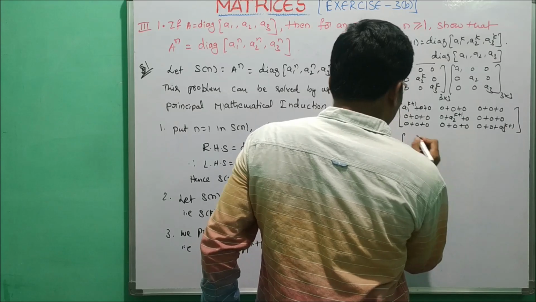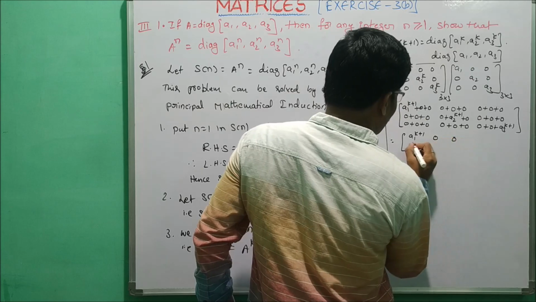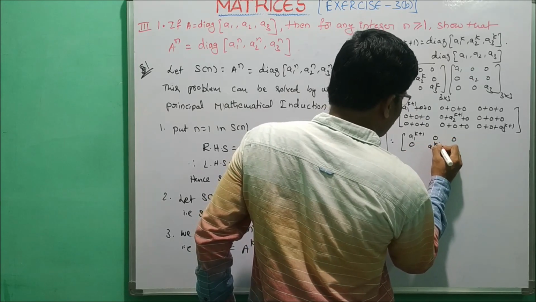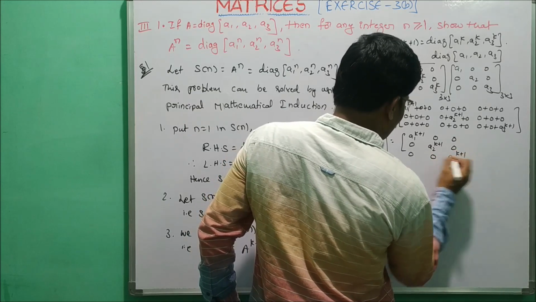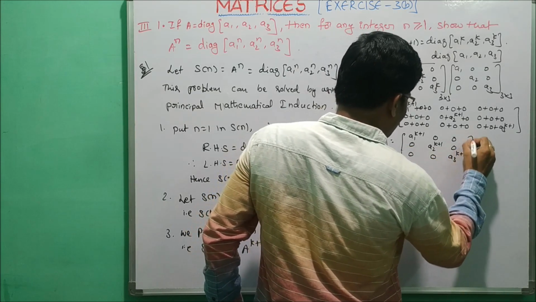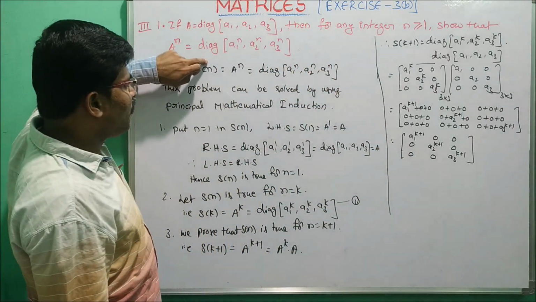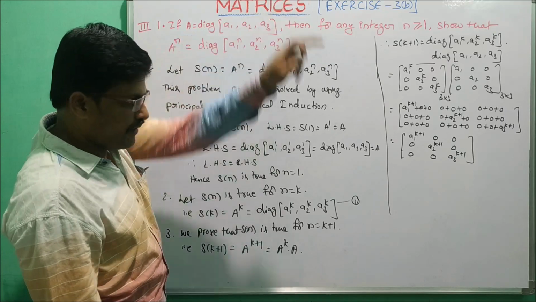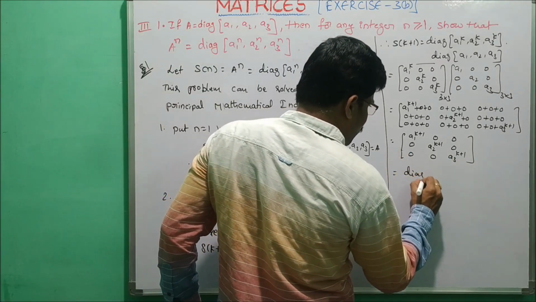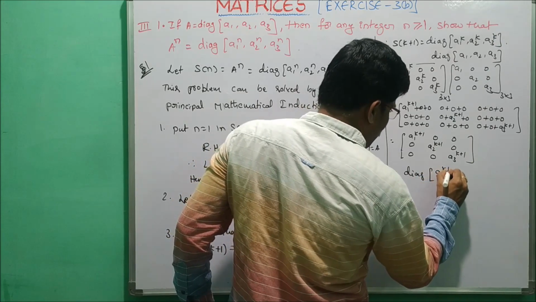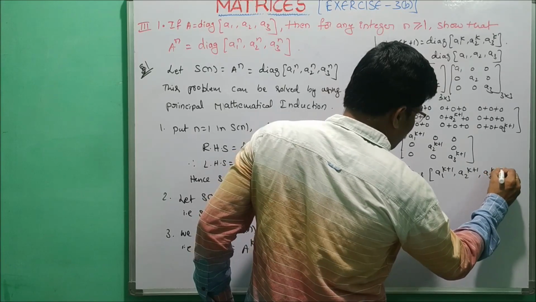Now it can be simplified: this is A1 power k plus 1 0 0, 0 A2 power k plus 1 0, 0 0 A3 power k plus 1. Clearly we observe that here A power n means diagonal of A1 power n, A2 power n, A3 power n. Now also here we write diagonal of A1 power k plus 1, A2 power k plus 1, A3 power k plus 1.